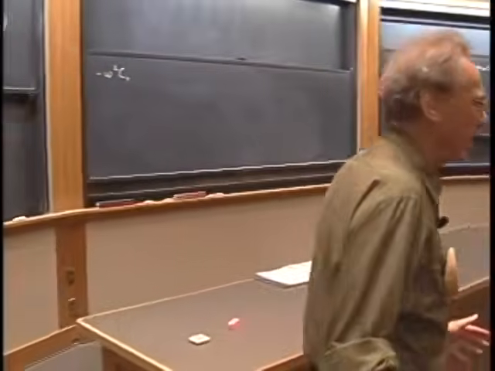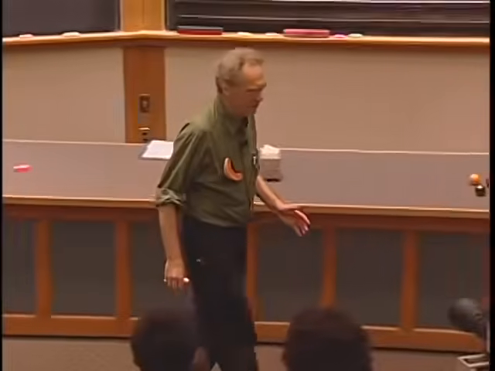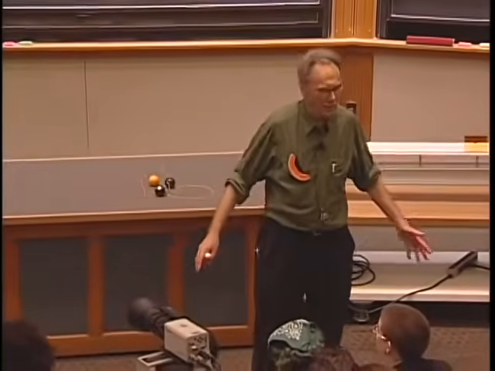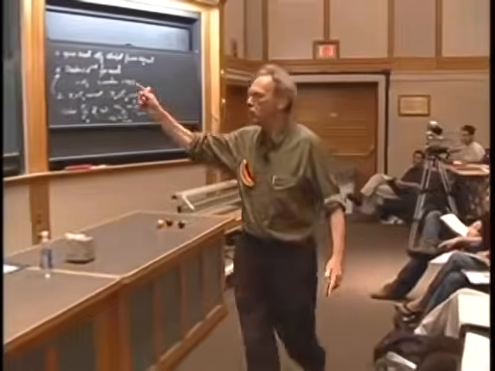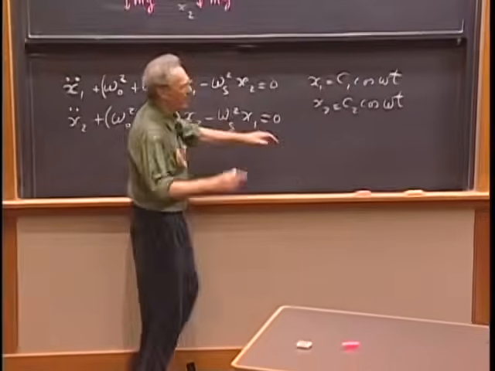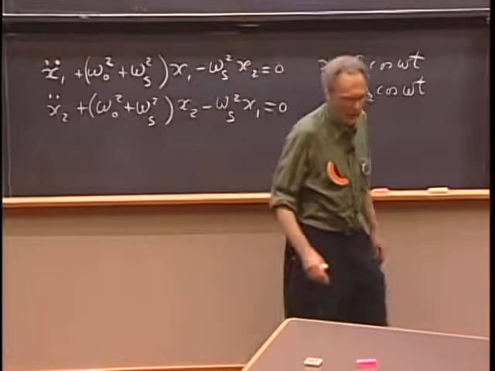Why the hell with cosine omega t? Because every term will have cosine omega t, so you might as well divide out right away. Every term that you're going to have in here will have a cosine omega t in it, so I'll leave the cosine omega t already out now.